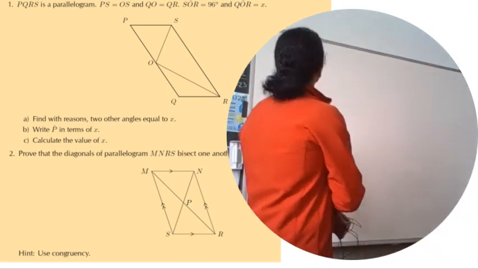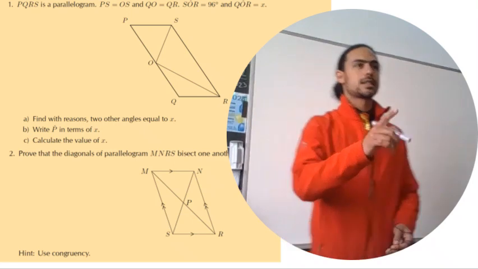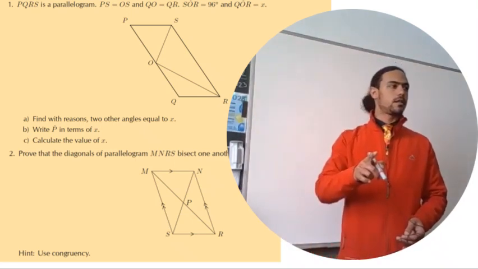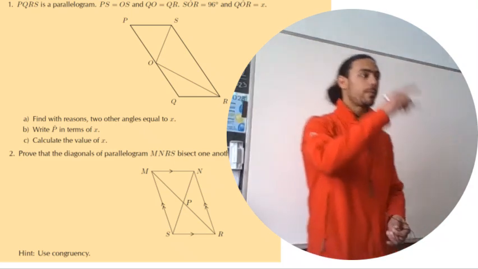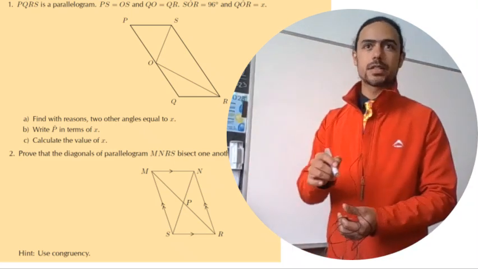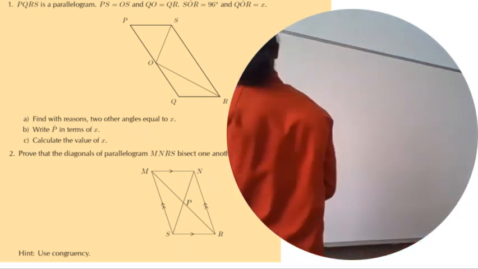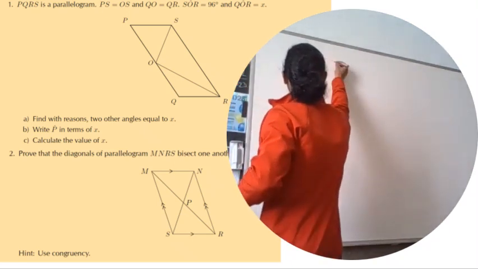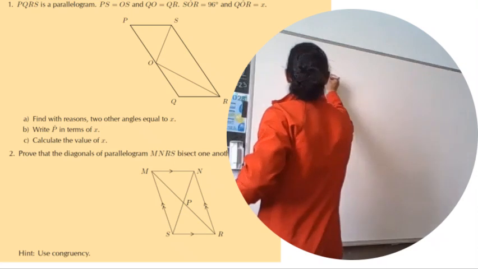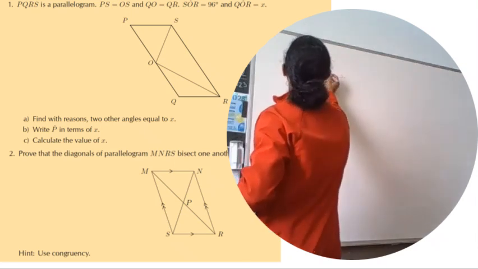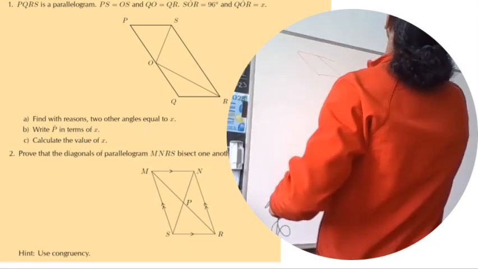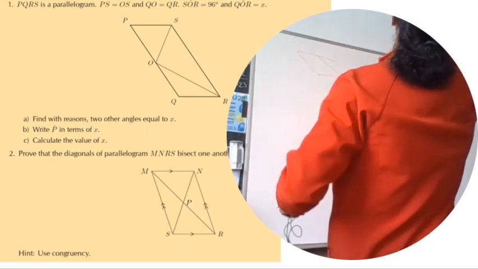So, what is the next one? Both pairs of opposite angles are equal. If I look at that figure, what does that tell me? What is there at the bottom? P, Q. What is here at the bottom?